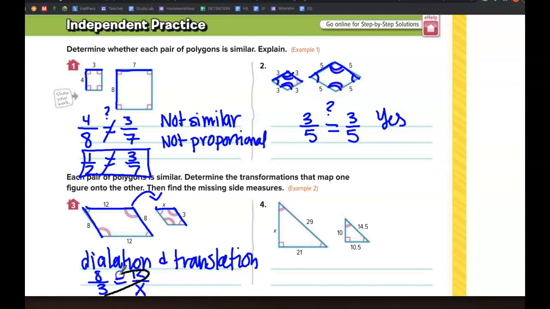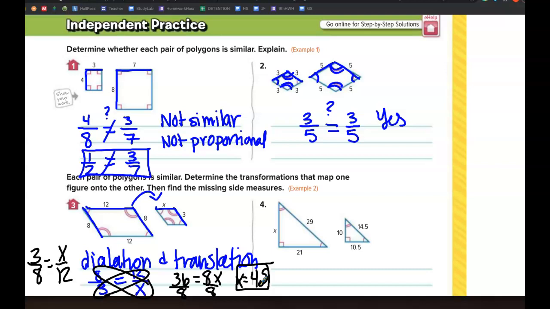I'd use the butterfly method to solve, so 3 times 12, which is 36, equals 8 times x, and then to solve, I divide by 8, so x should equal 4.5. Even if you set your proportions up differently, so maybe you had 3/8 is equal to x over 12, you should get the exact same answers that I do.